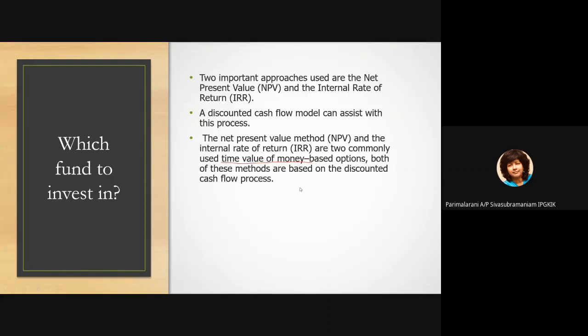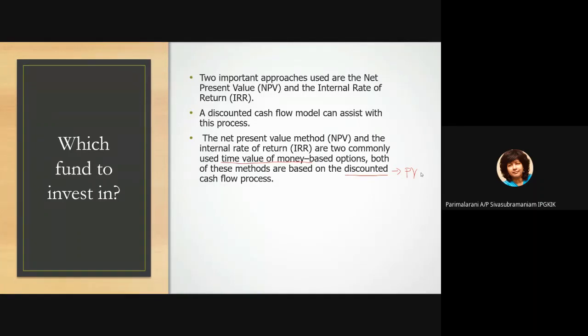Both of these methods are based on the discounted cash flow process. When we use the word discounted, it means that we are always looking at the present value. From the future value we discount to the present value. So discounted method means finding the present value.